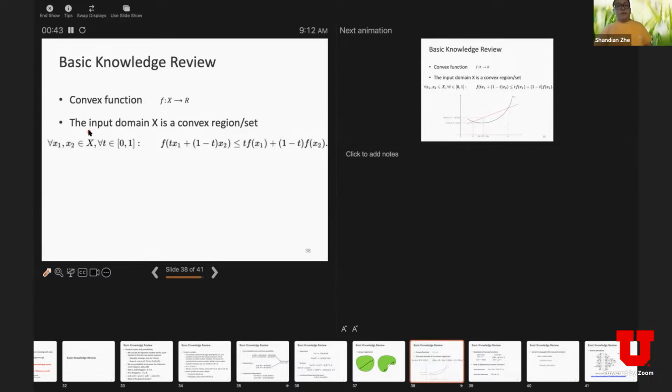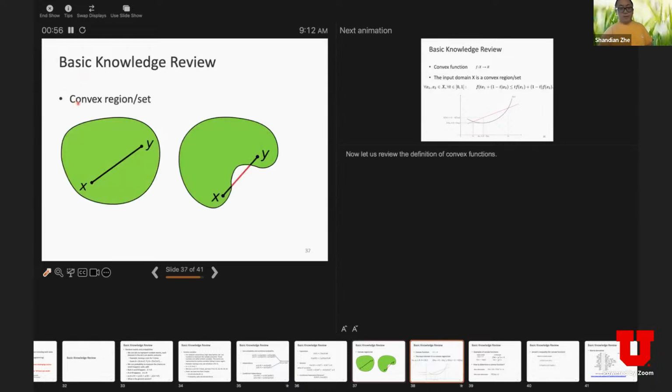Okay, so let us continue the basic knowledge review. In our last lecture, we talked about the definition of the convex function. First, a convex function must be defined on a convex set. So what is a convex set? We talked about the definition on Tuesday: we say a region or set of points is convex, meaning that if we pick arbitrary 2 different points in this region and draw a line connecting these 2 points, no matter, remember, this has nothing to do with the dimension.